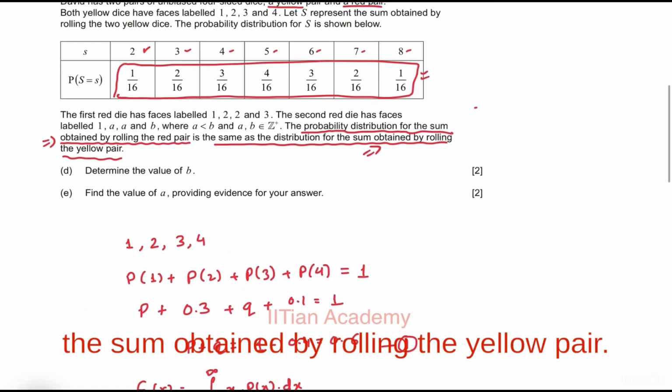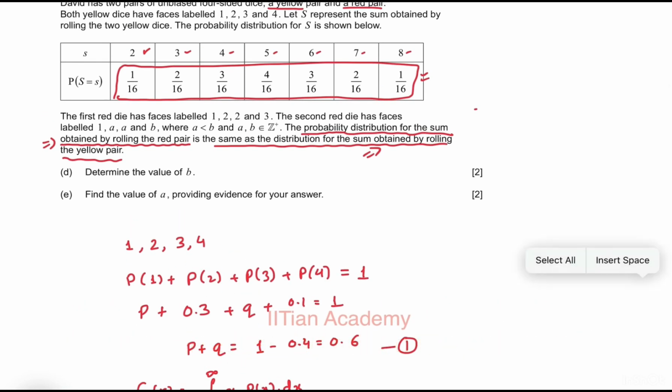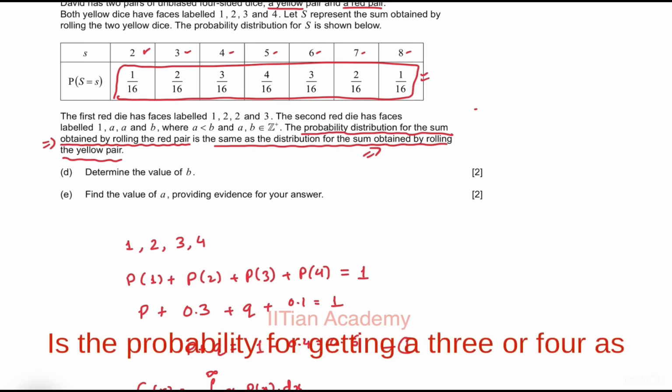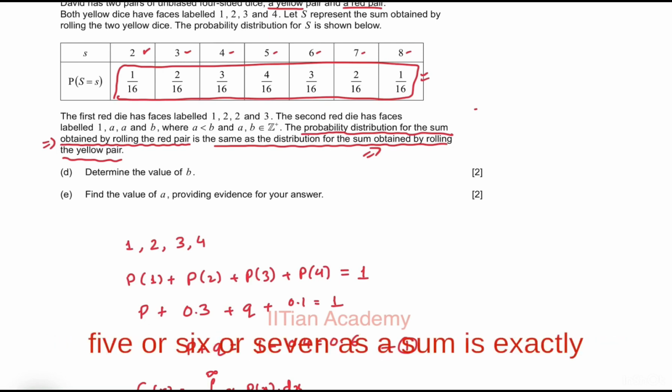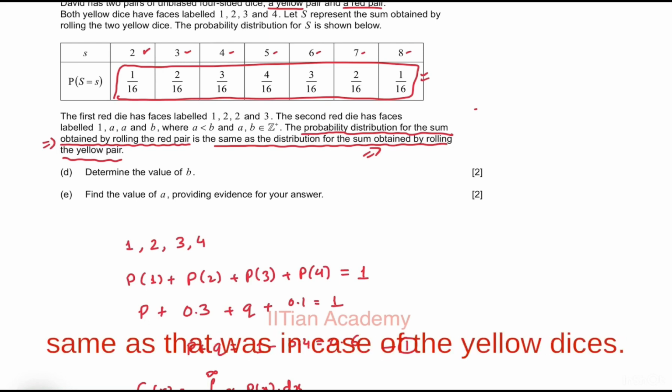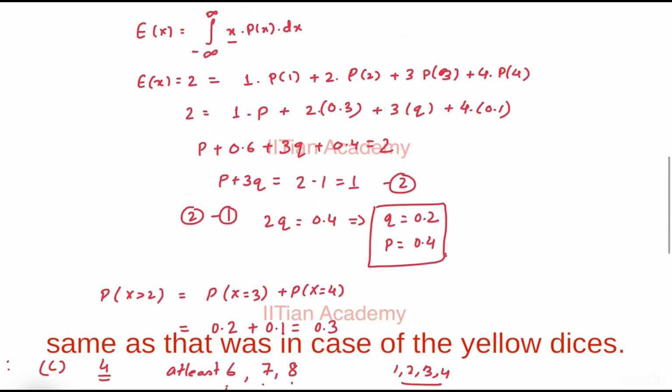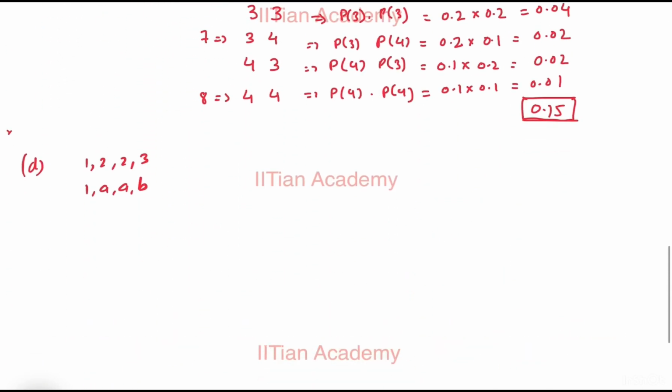So what that means is the probability for getting a 3 or 4 or 5 or 6 or 7 as a sum is exactly the same as that was in case of the yellow dice.